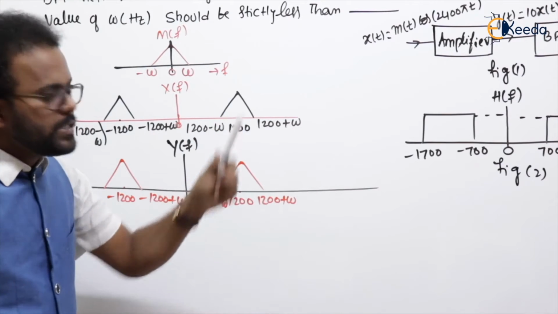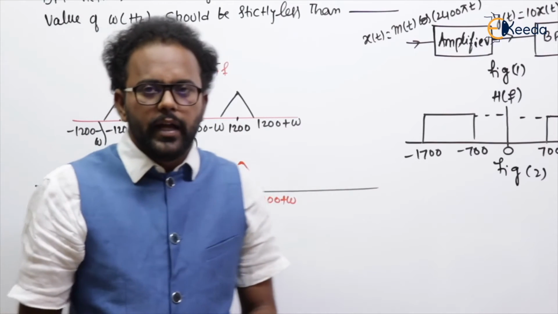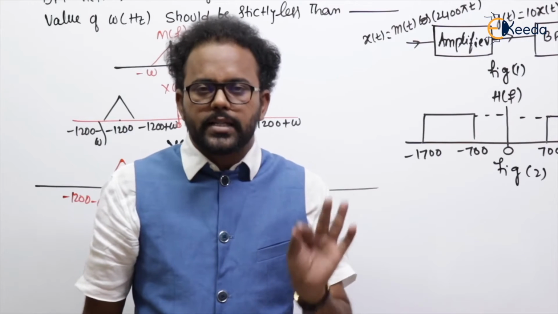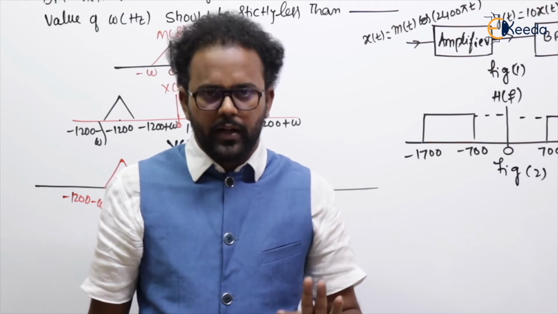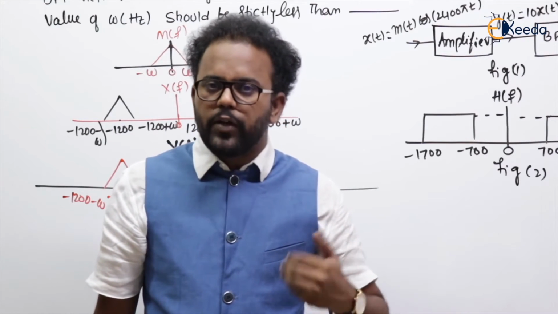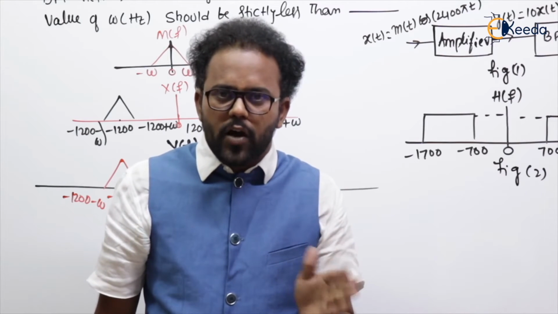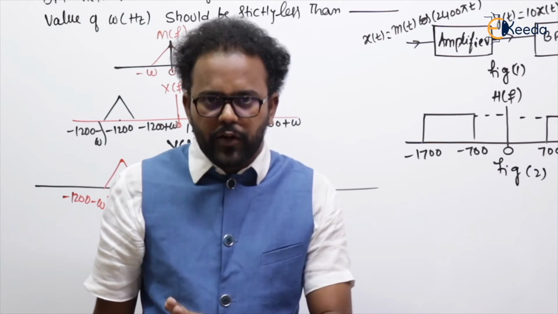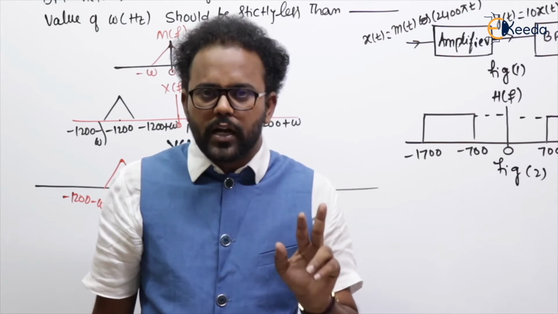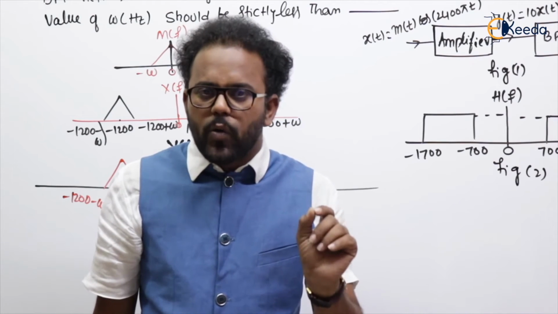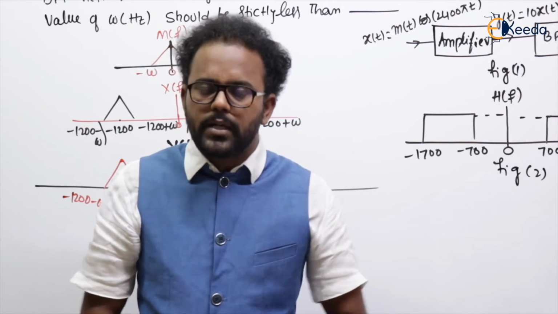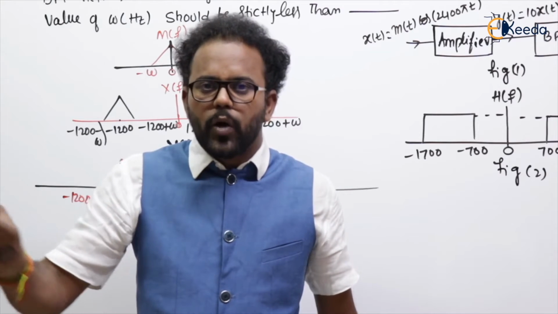Next term is x square. Remember, x square of t can be written as x of t into x of t. In the frequency domain, that is x of f convolved with x of f. Whenever two signals are convolved, the lower limit is the sum of the two lower limits, and the upper limit is the sum of the two upper limits.